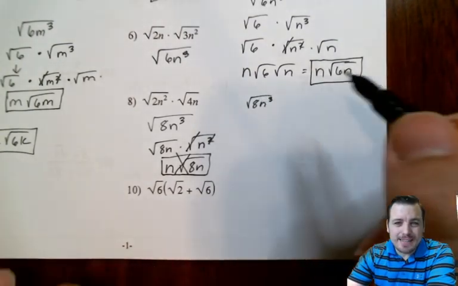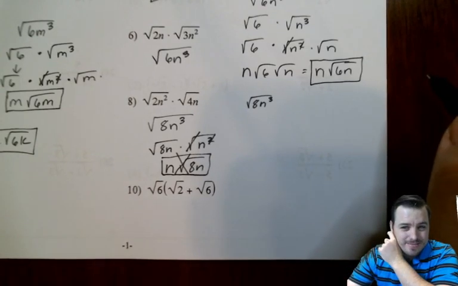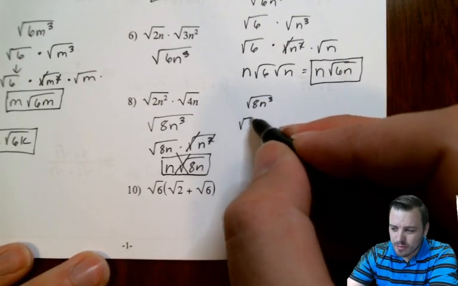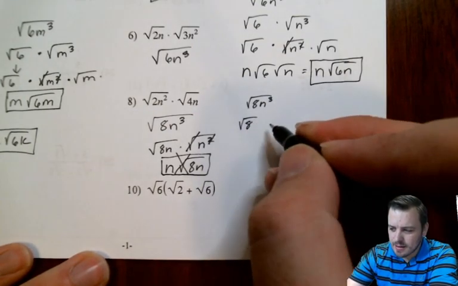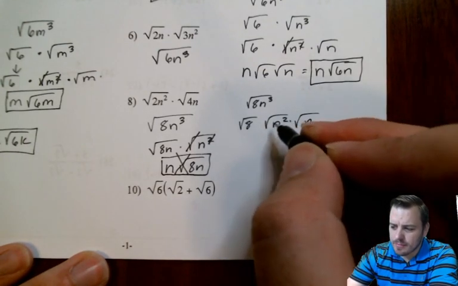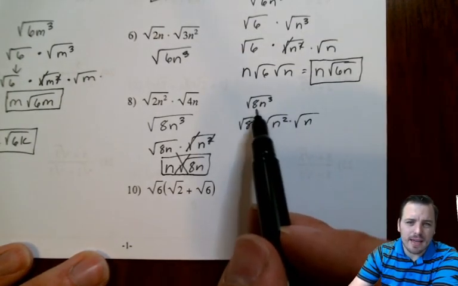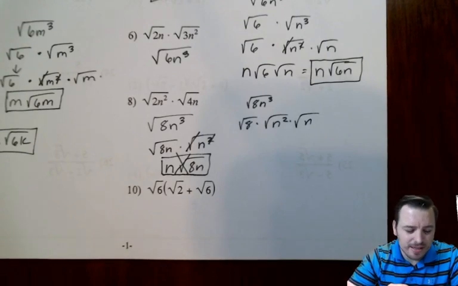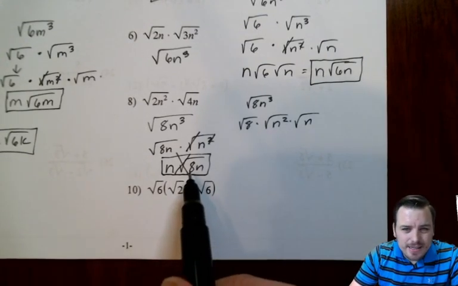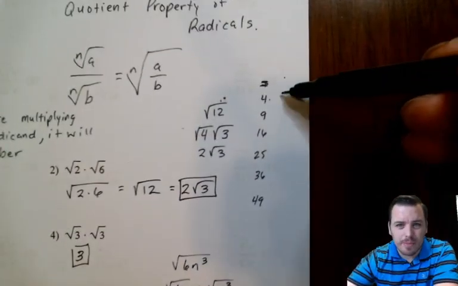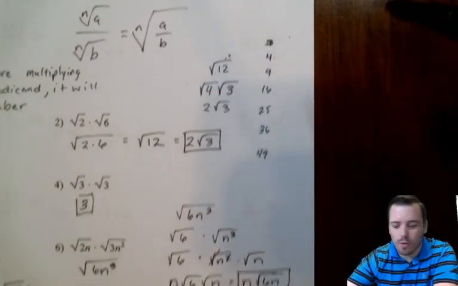So going back to this, there is actually one thing I'm missing. Let's break this one down to radical 8, radical n squared, and radical n. Now again, if I multiply all these together, I'm going to get 8n cubed. But where I made my mistake is that 8 can be simplified, because there is a number that will go into it, and that number is 4.